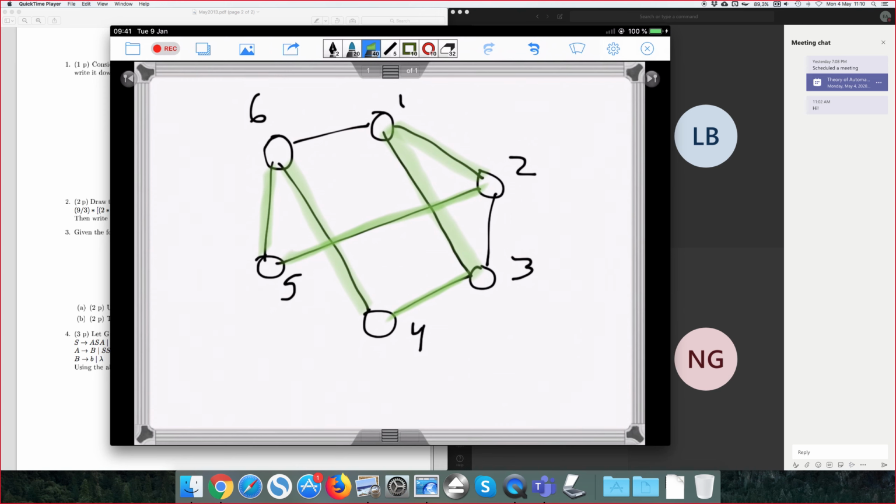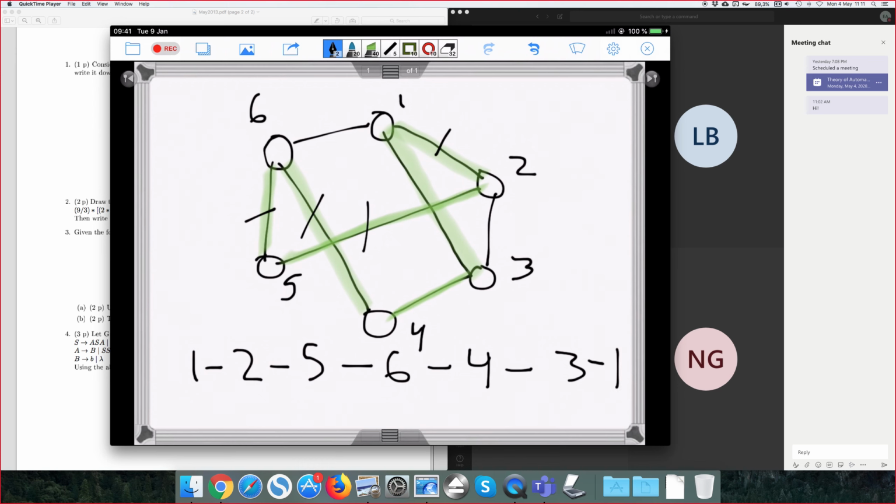Okay, and in this case, this is clearly a Hamiltonian path, a Hamiltonian circuit. So for instance, you can go from 1 to 2, then to 5, then to 6, then to 4, then to 3, and then finally again to 1.